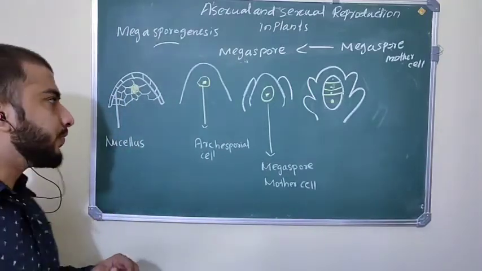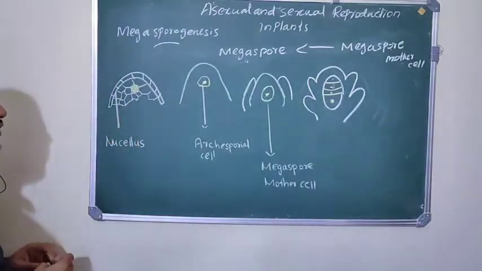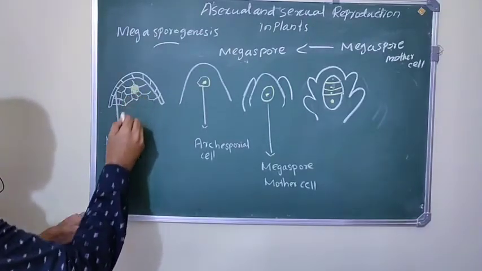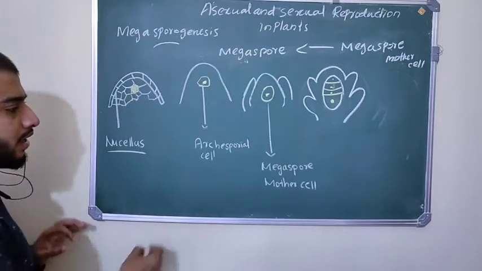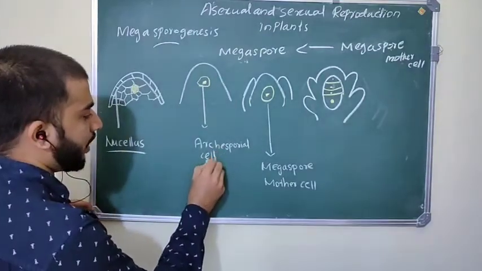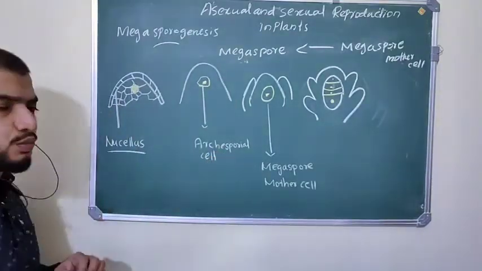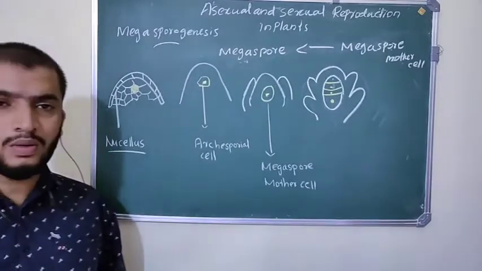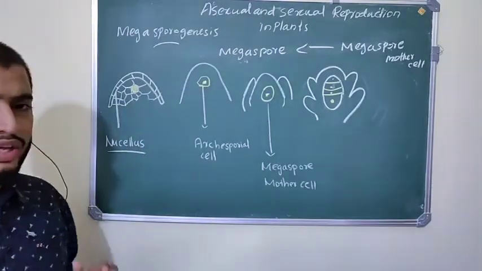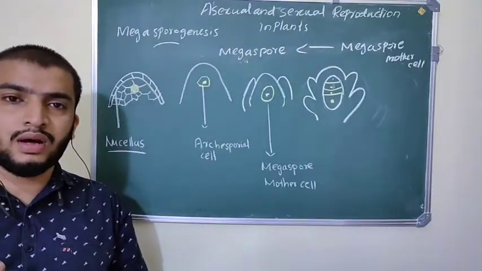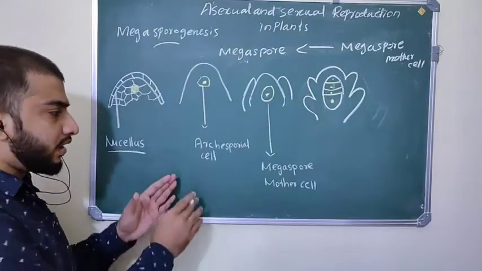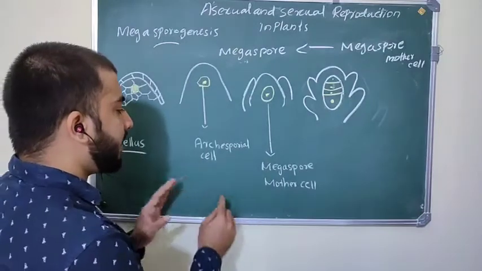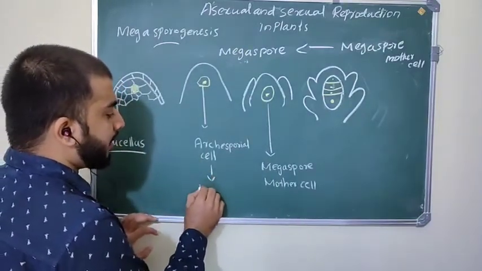First of all, in the nucellus, one of the hypodermal cells of the nucellus becomes large and forms a cell called the archisporium, or archisporial cell. Sometimes this archisporial cell directly functions as the megaspore mother cell.